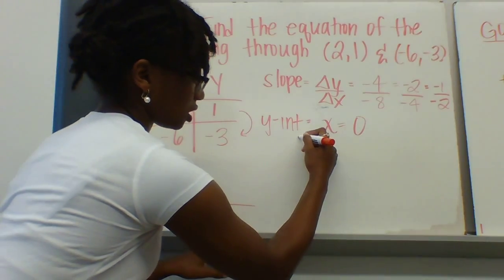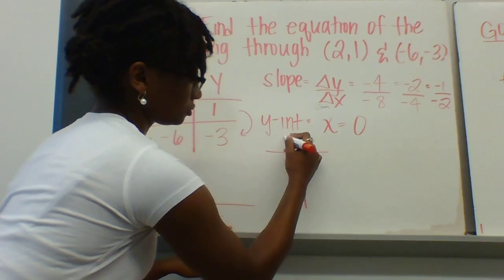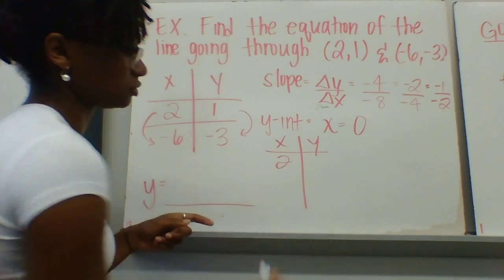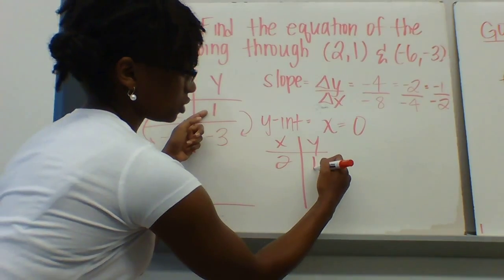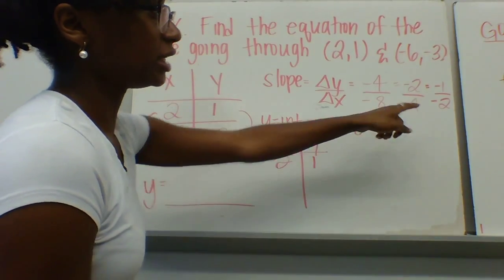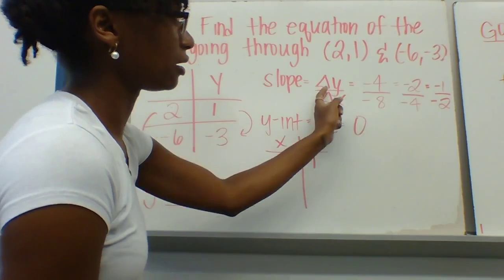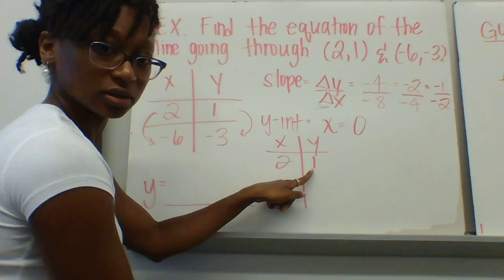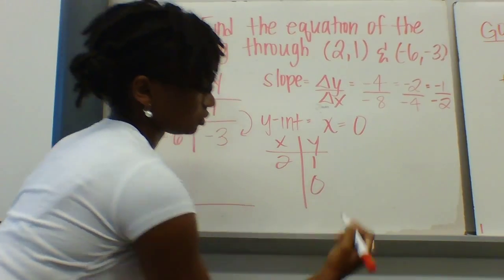So let's draw in a table here. So if my x value is 2 and my y value is 1, if I decrease my y value by 1, 1 minus 1 is 0. Okay?